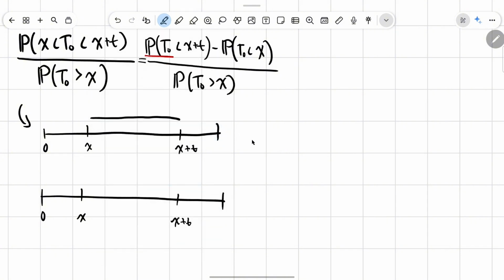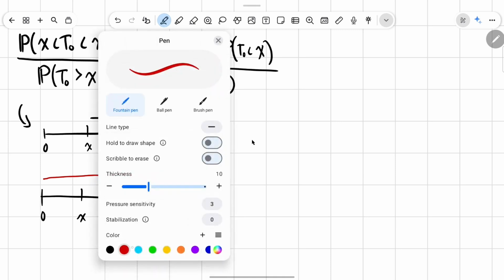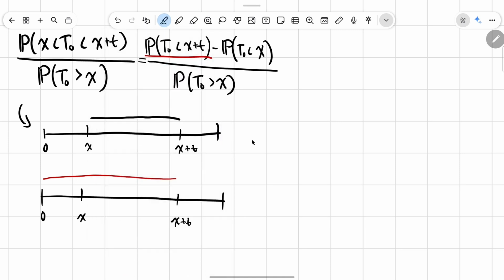So when we write this probability, T0 is less than x plus t, the person's age of death must be here. And when we write the probability of T0 is less than x, the person's age of death must be less than here.